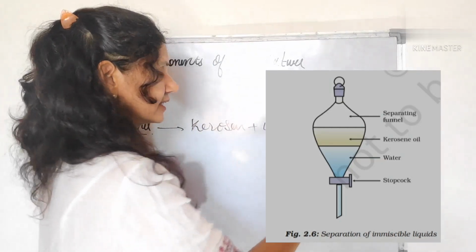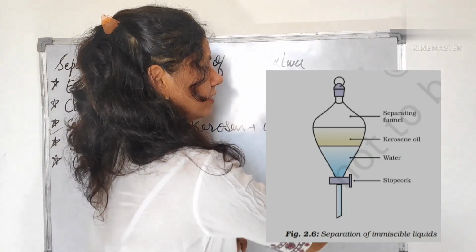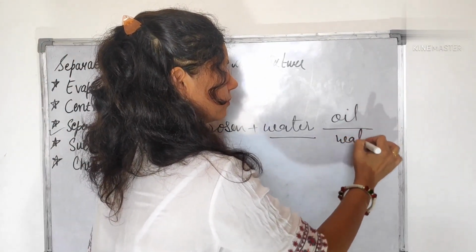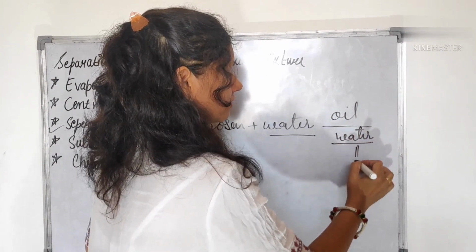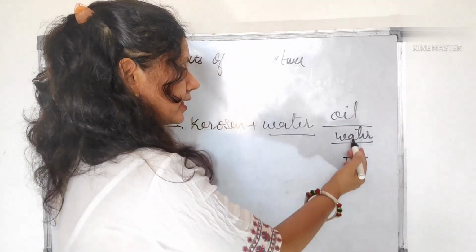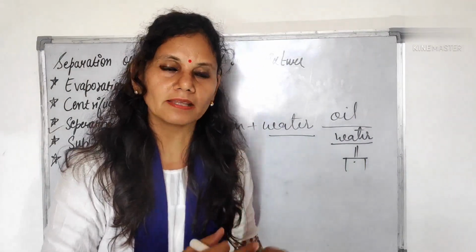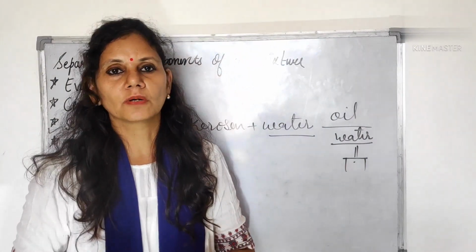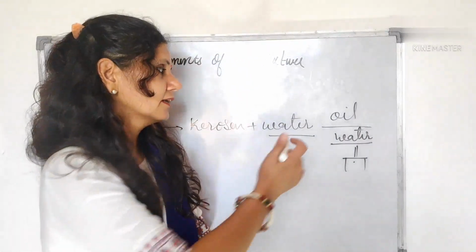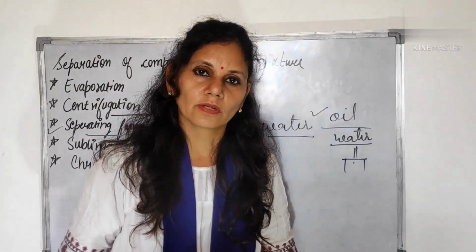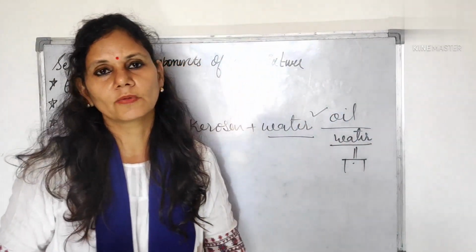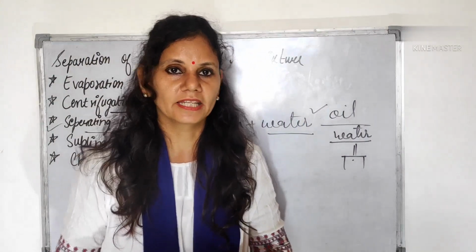Oil has lesser density, so it will be on the upper side and water on the lower side. We open the tap, the water comes out of the separating funnel and the oil remains there. So if two immiscible liquids are there, we can use this technique.